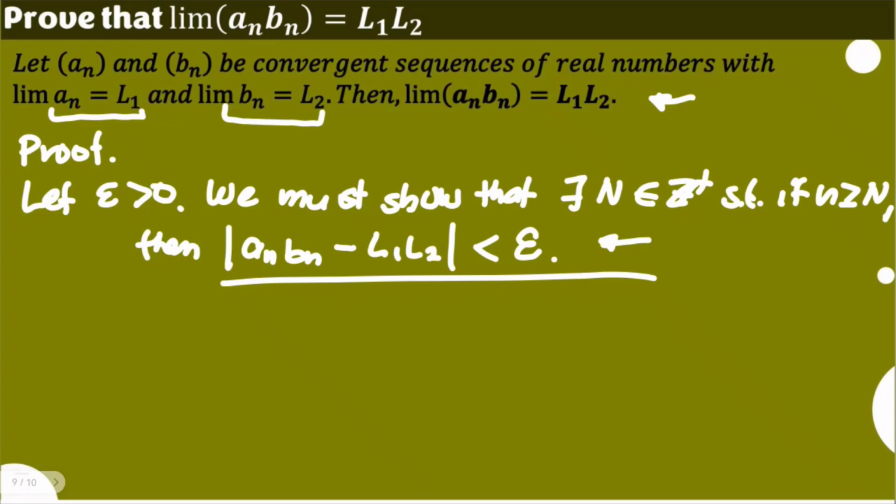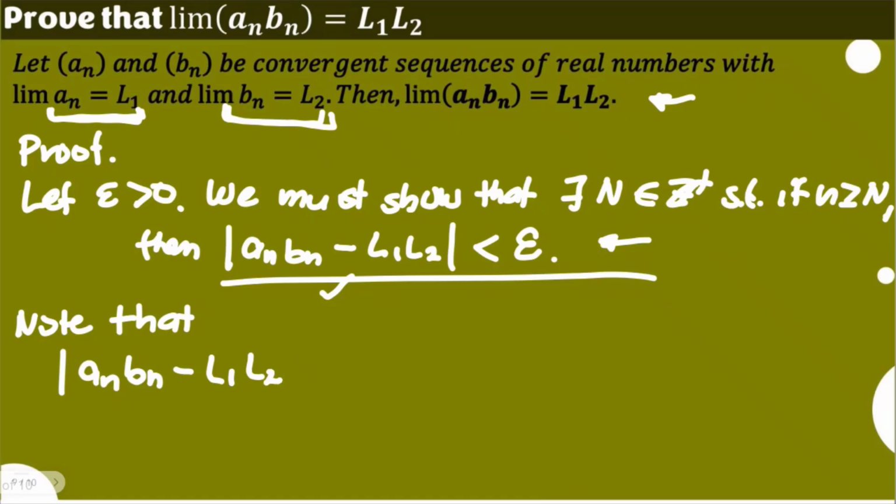What we need to do first is try breaking this portion into forms where it will appear in terms of the definitions of each of them. Please bear with me. Note that we have the product of a sub n and b sub n minus L sub 1 and L sub 2. Let us try to add some 0 in the middle: a sub n, b sub n plus 0 minus L sub 1, L sub 2.